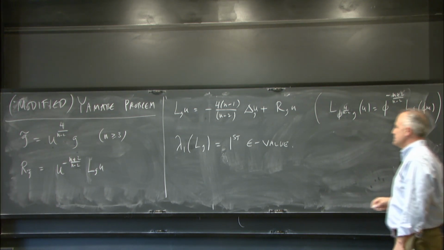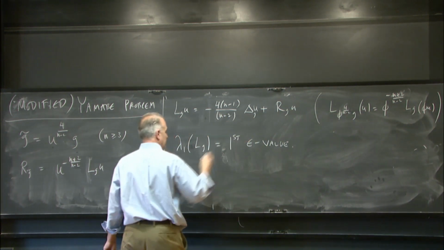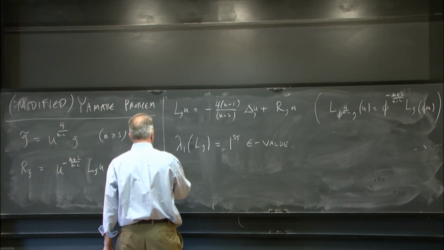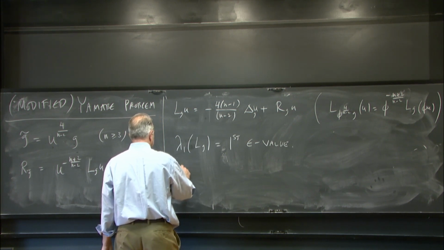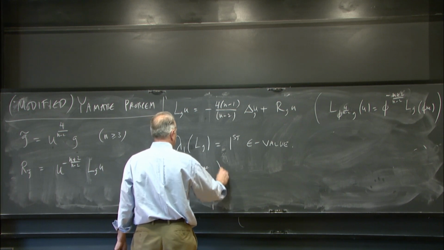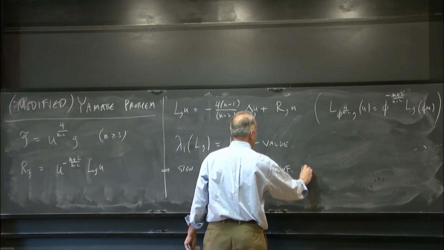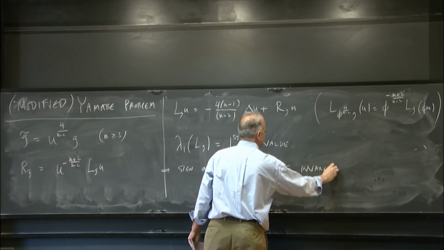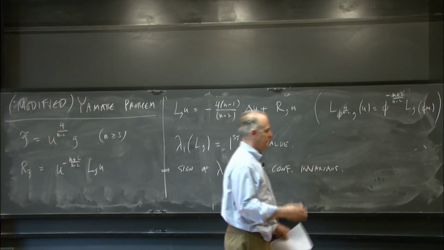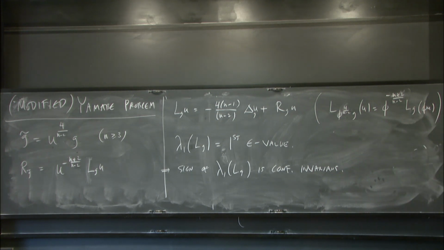So it's invariant in this sense, with these weights. You can just check that the sign of the first eigenvalue is conformally invariant. All right, and it's the same sign as the Yamabe constant.